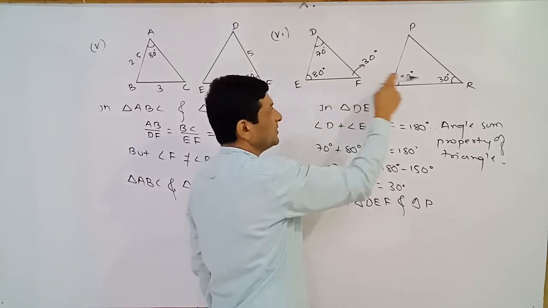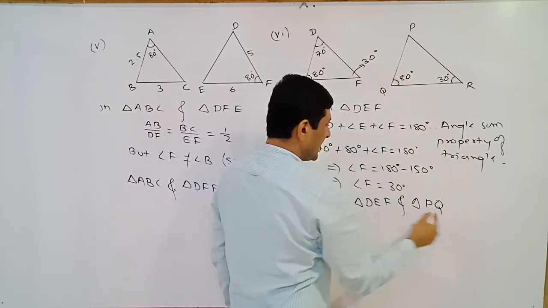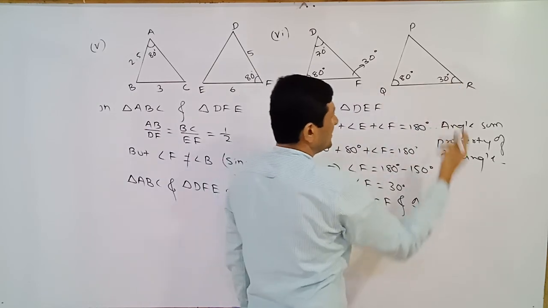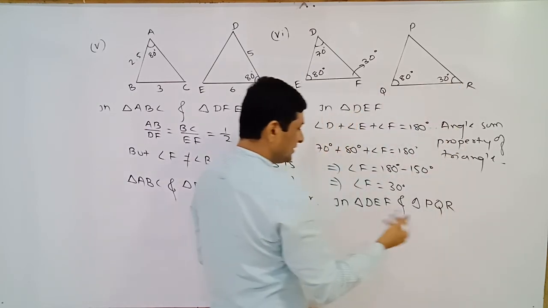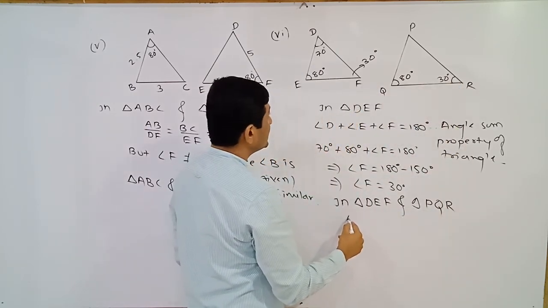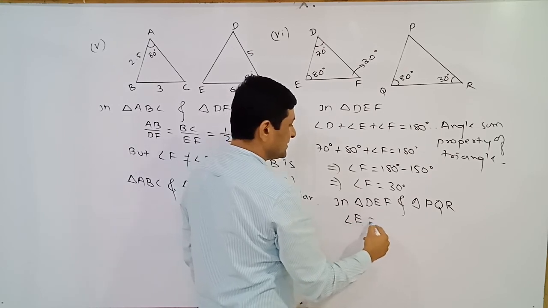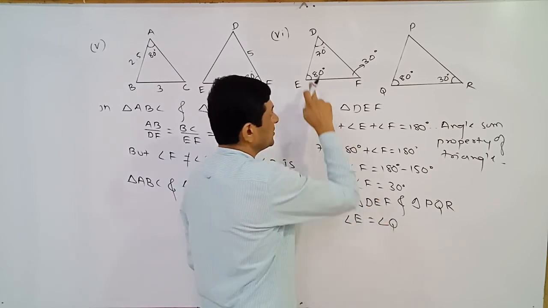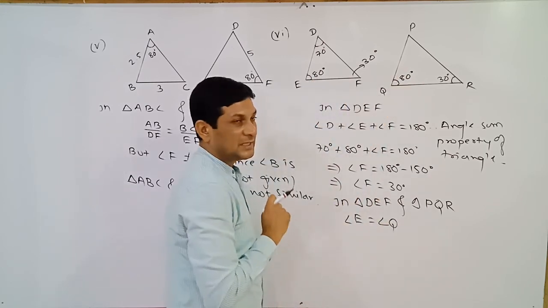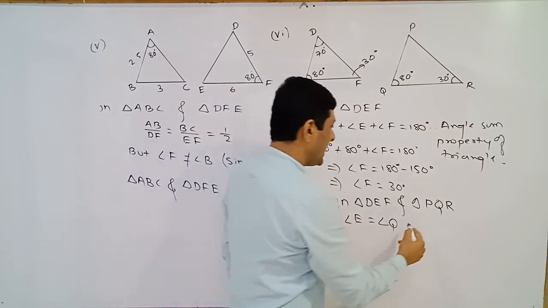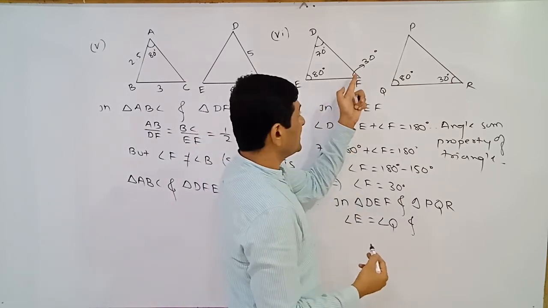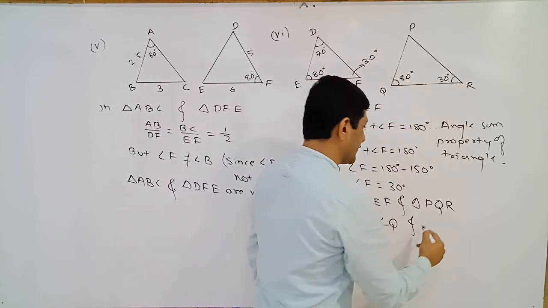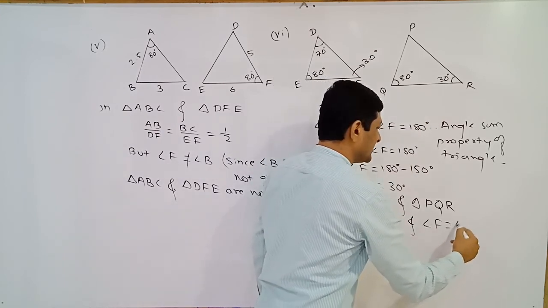The corresponding angle of E is what? Q. And the corresponding angle of F is what? R. So in these two triangles, we can say that angle E is equal to angle Q, because each angle is of what? 80 degrees. And what is the second condition? Angle F is equal to angle R.